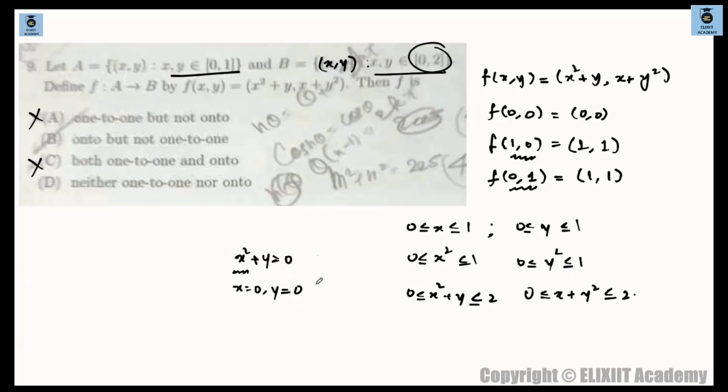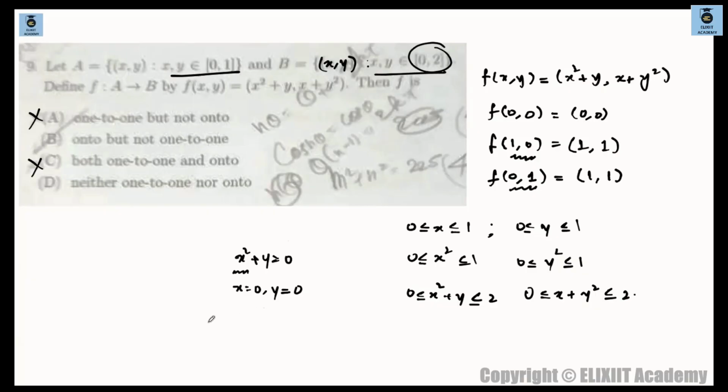This is the only possibility. Here X comes from 0 to 1 and Y also comes from 0 to 1, right? And this is X square, which is a non-negative quantity, so the minimum value is 0. And their sum has to be 0. So this quantity has to be 0, so X must be 0, and similarly, Y also has to be 0, right?